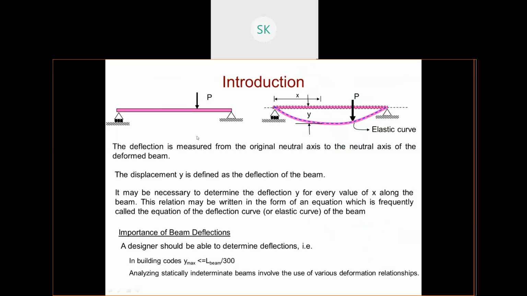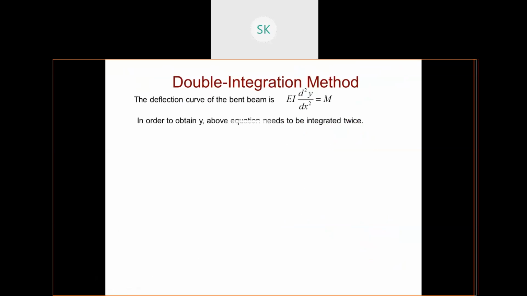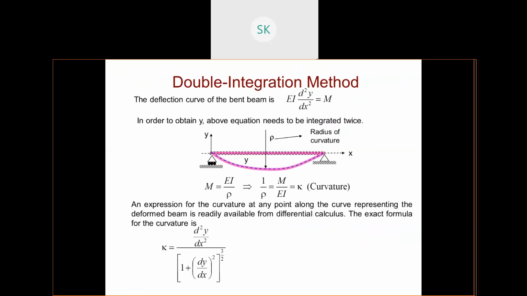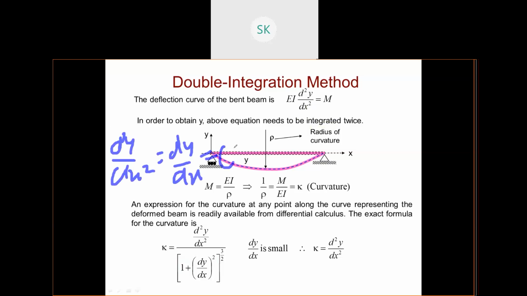Because if I integrate d square y by dx square once, I'll get theta, right? If I integrate once, I'll get dy by dx. And what is dy by dx? It is our theta.